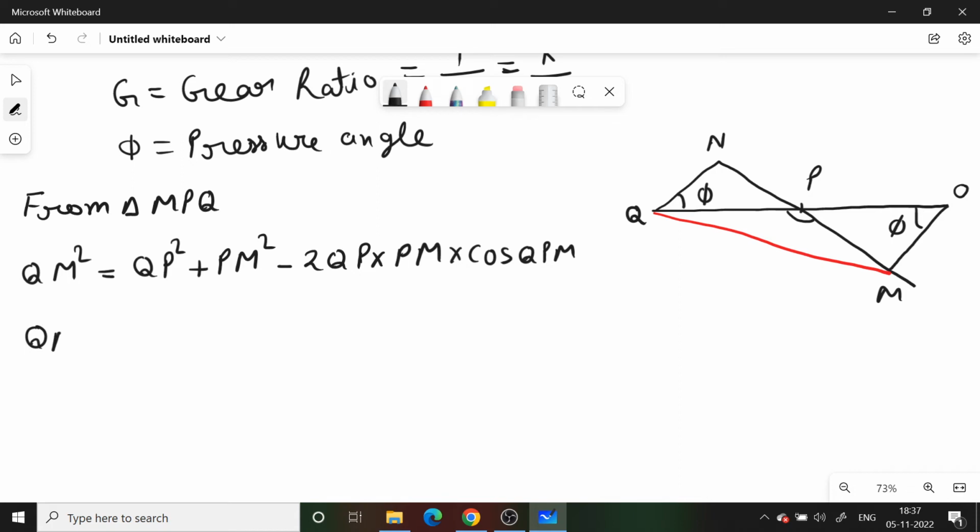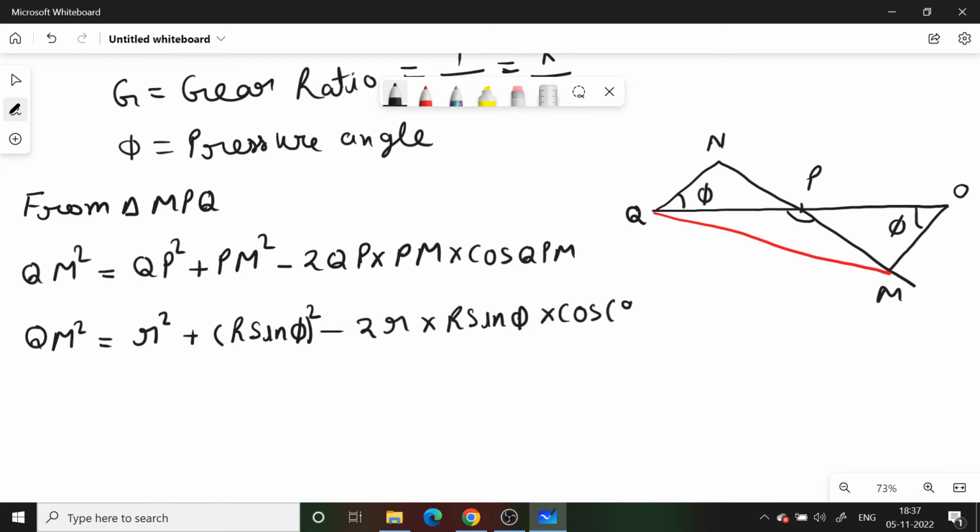Now, here QM square will be equal to QP, which is the pitch circle radius of the pinion, so R square. P to M is equal to R sin phi, so plus R square sin square phi, minus 2 into r into R sin phi into cos (90 plus phi).